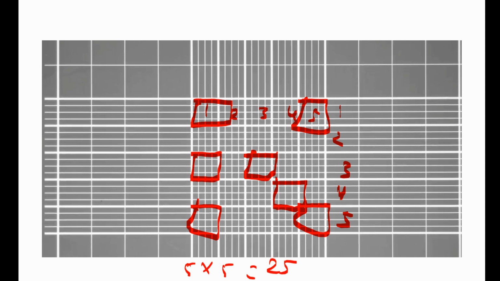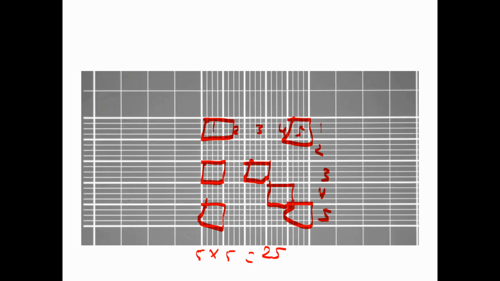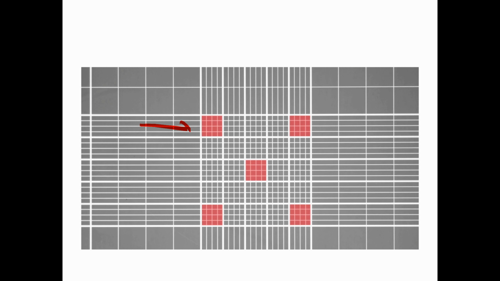To reduce bias, we have to count the 4 corner large squares: this one is the first, second, third and the fourth. This is the high power view of one large square.